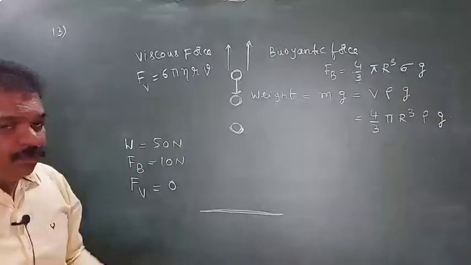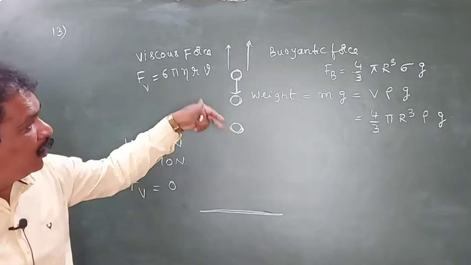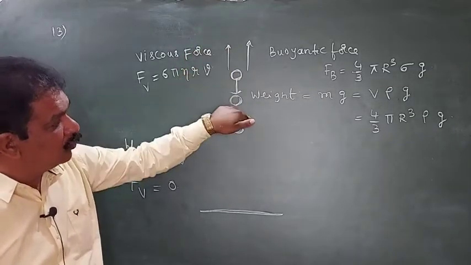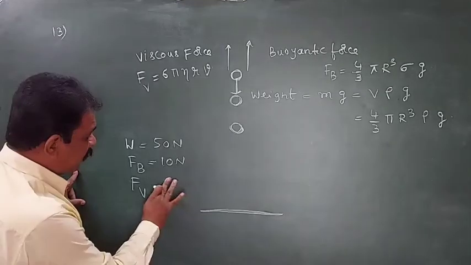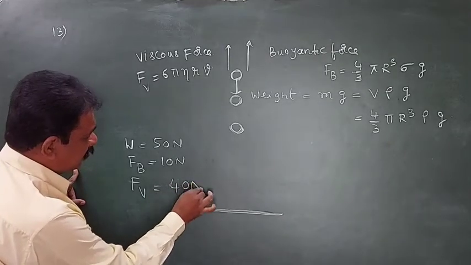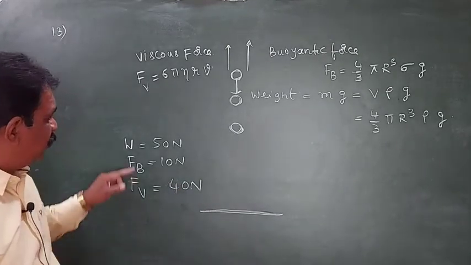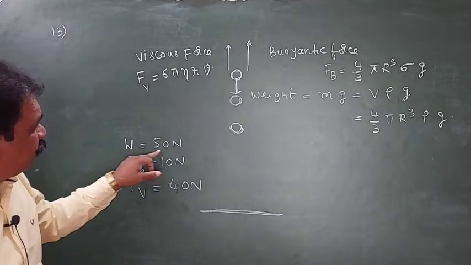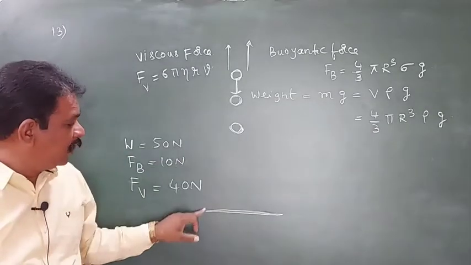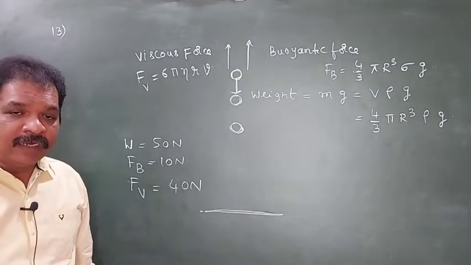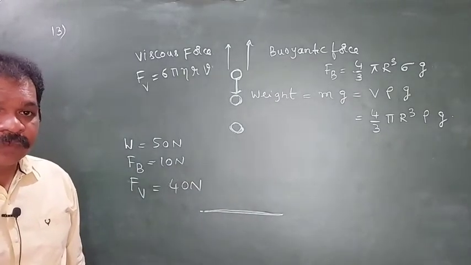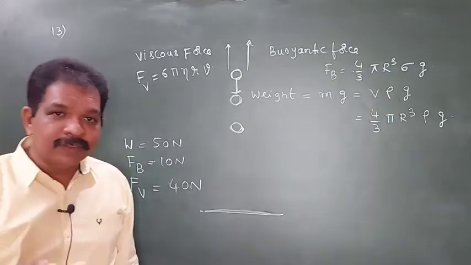At some position, upward force is equal to downward force. So its value becomes at some location 40 newtons. Then downward force will be 50, upward force is equal to 50. Therefore, net force on the drop is equal to 0.